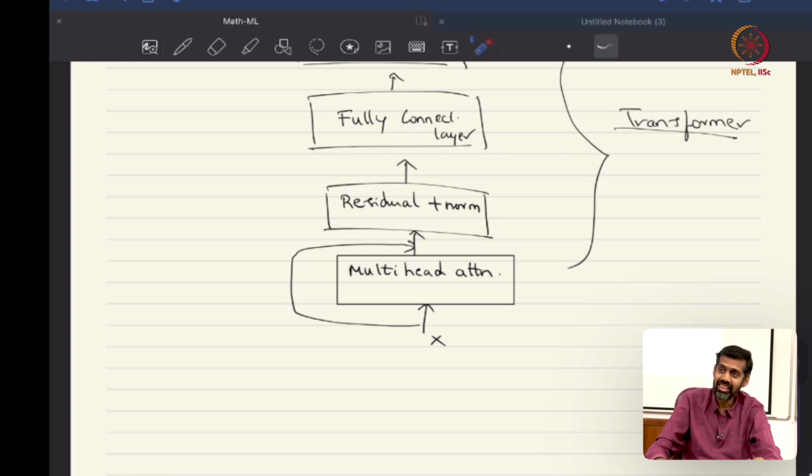In fact, after transformers came, another class of architectures came which are called state space models. Have you heard of architectures called Mamba and so on? These are called state space models. I will not be talking about SSMs in this course, maybe I will talk about them in the next course. SSMs are again recurrence coming back.